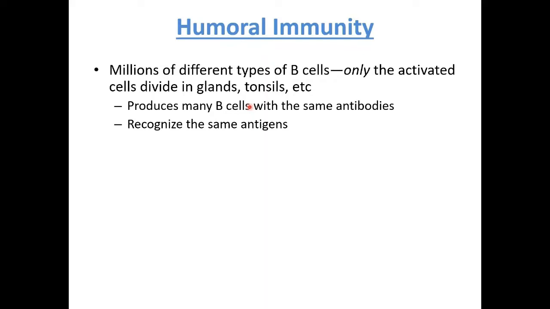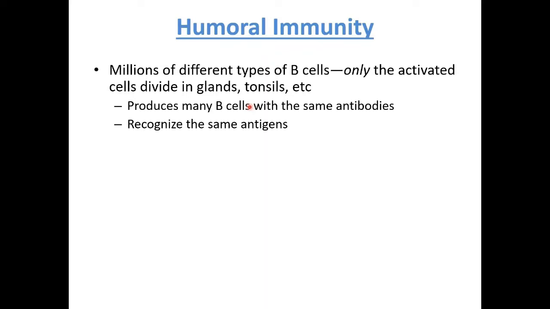Remember that there are millions of different types of these B cells, but only the ones that have previously been activated, that is, that they or their ancestor cells have actually seen and detected the pathogen that they themselves are able to recognize, and they have been co-stimulated, activated, and finally undergo clonal expansion.